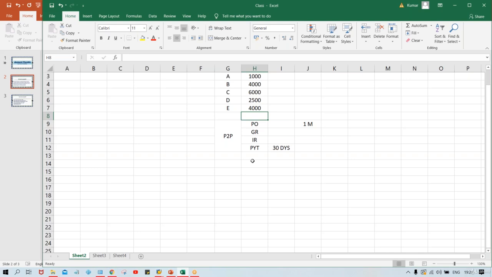Once again, I'll repeat here: learning SAP doesn't mean that you have to learn the configurations blindly. You need to understand the concepts. If you understand the concepts, only then are you going to become a consultant.